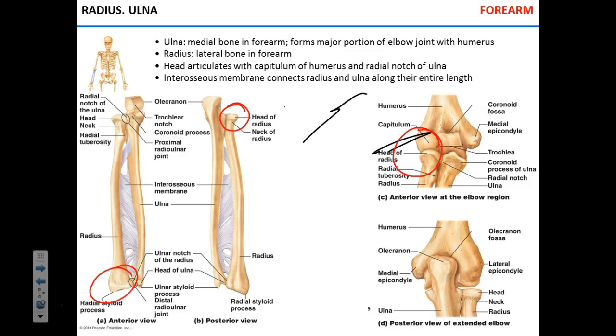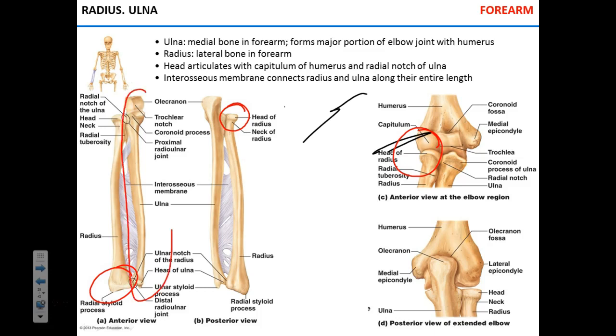The distal portion of the radius has the styloid process, and the radius articulates with the scaphoid and lunate bones among the carpal bones.